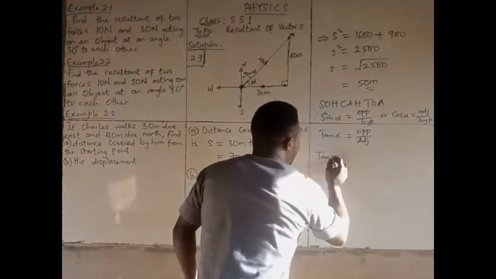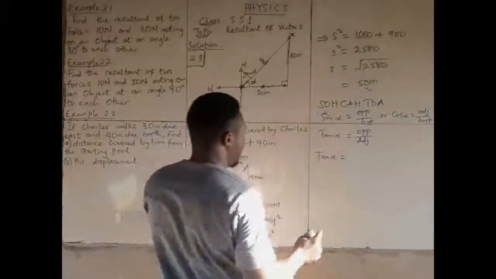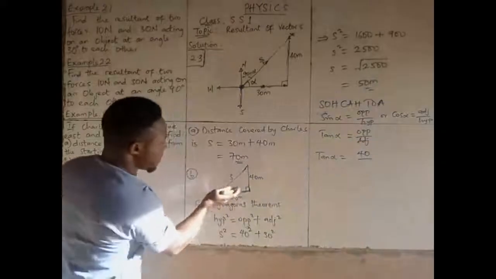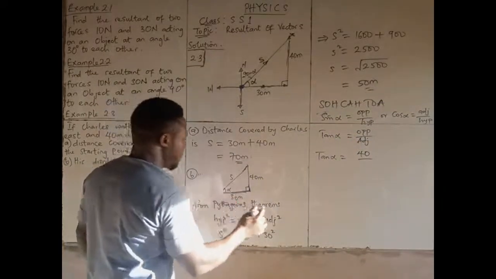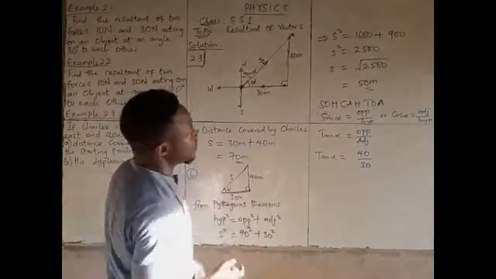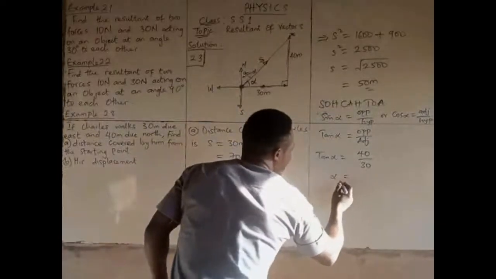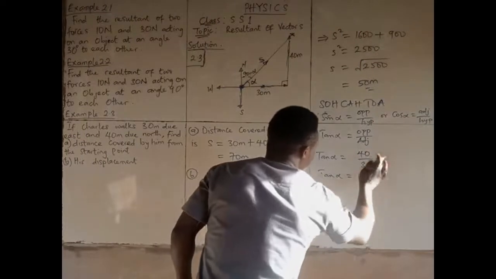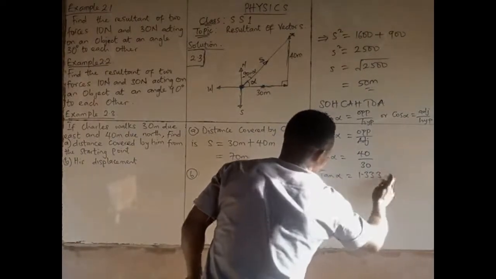Tan alpha equals the opposite, which we know is 40, the side facing angle alpha, all over the adjacent, 30. If you want to use the hypotenuse, you can use it and we'll get the same answer. So tan alpha equals 40 divided by 30, which gives 1.333, and so on.